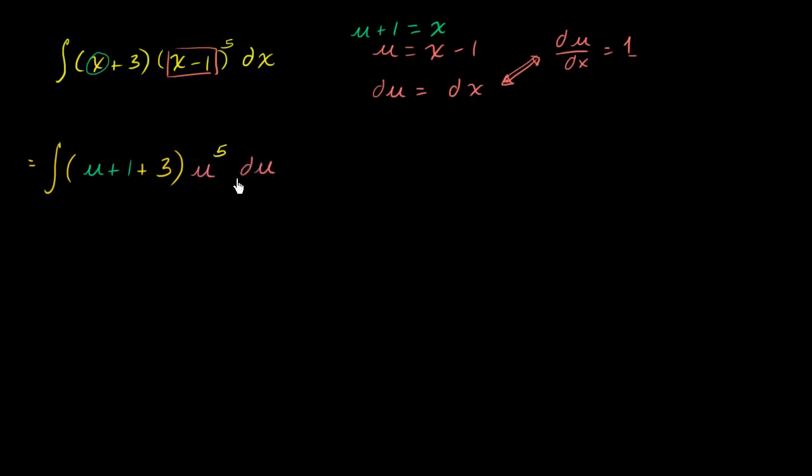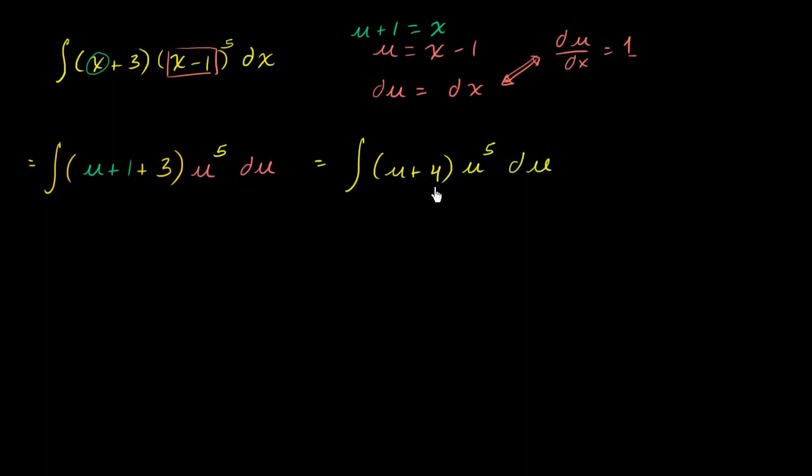Now, did this get us anywhere? Can we simplify this to a form that it's easy to take the antiderivative of? Well, it looks like it did. We can rewrite this expression right over here as just u + 4. So it's (u + 4) times u^5 du.